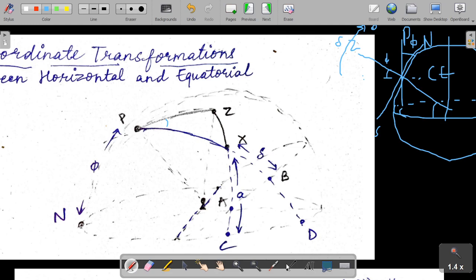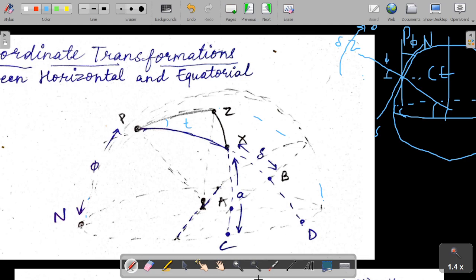I described the hour angle in the previous lecture, but if you don't remember, the hour angle is just the time passed from the culmination of the star, and culmination is when the star is on the meridian of the person. So this is just the hour angle.